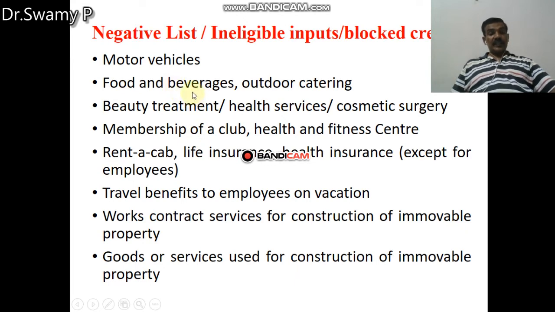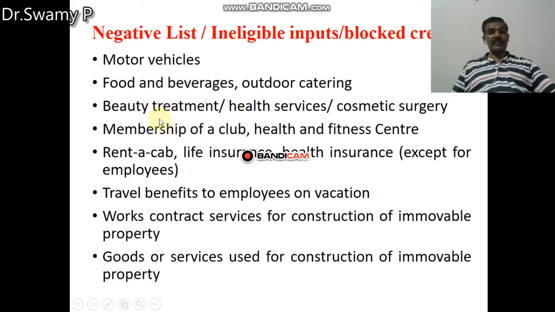But motor vehicles used for furtherance of the business or for providing taxable services are an exception. Other than those, motor vehicles on which input tax is paid are not eligible to be claimed.